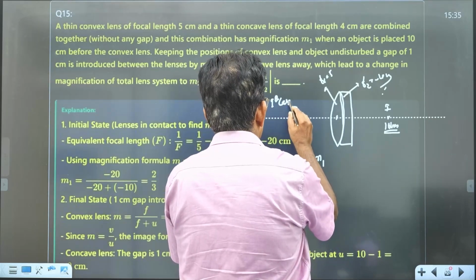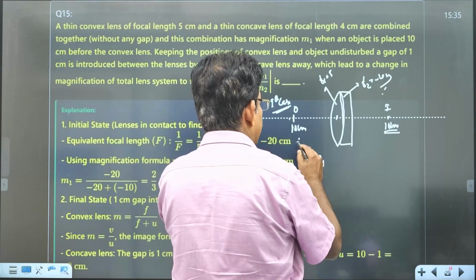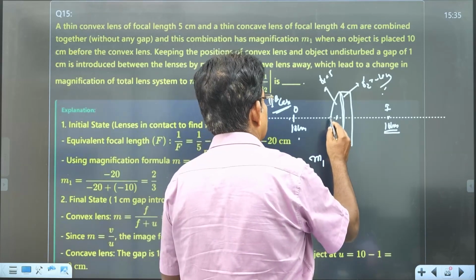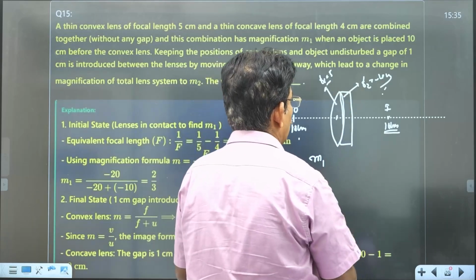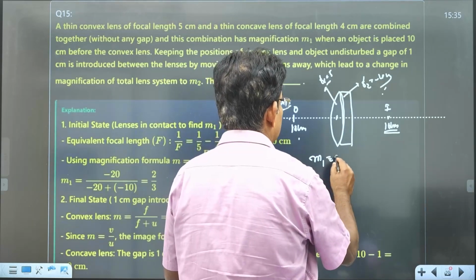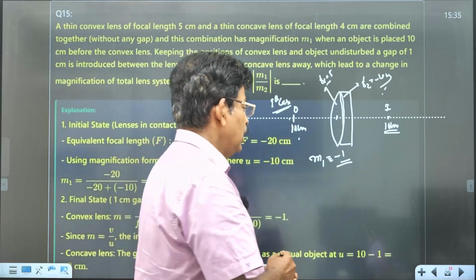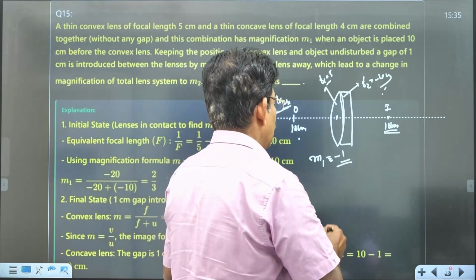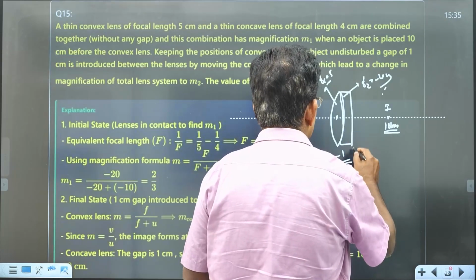So in the first case, when the two lenses were kept in contact, the object is kept at 10 centimeter, that is at 2f of the convex lens. The image will be formed at 2f on the other side. So magnification will be -1. Okay. So we got it. Then, second case, the second lens.